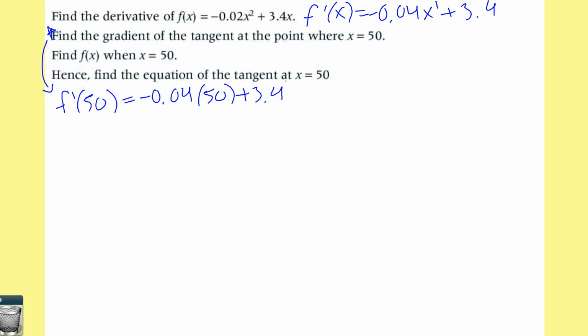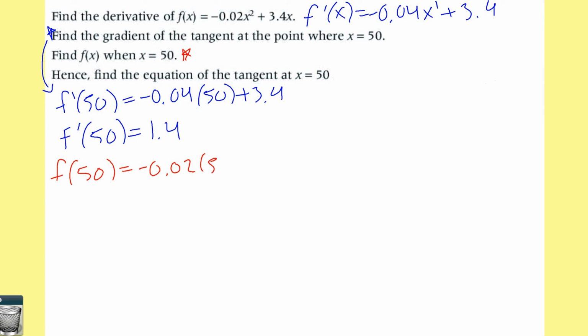We get out our calculator. We plug that in and we should get 1.4. So remember, that represents the slope of the tangent line. Then we want to find f of x when x is 50. So we put that into our original equation. So 50 in the original one should look like this.